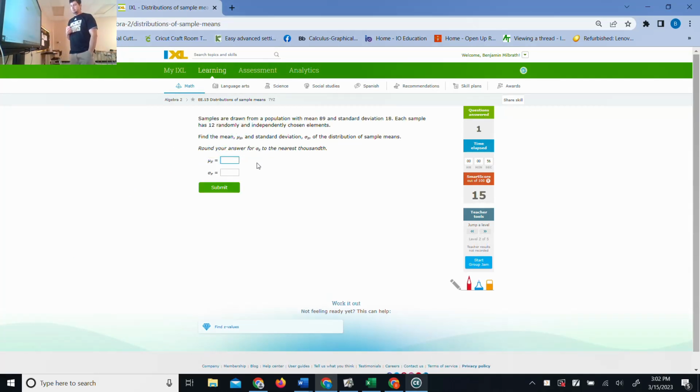Sweet. So this little guy's really easy. But mean is 89. All right. The sample standard deviation, sigma of x bar, is equal to the standard deviation, which we call sigma, over the square root of the sample size.